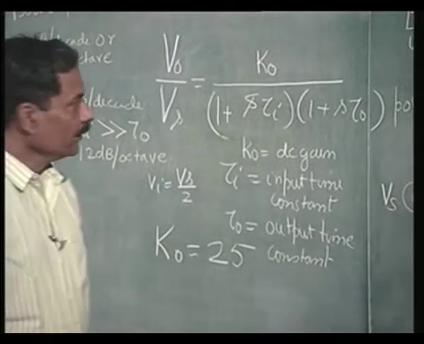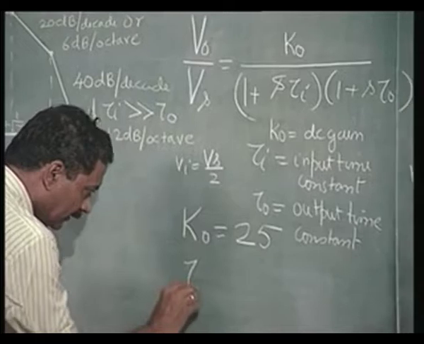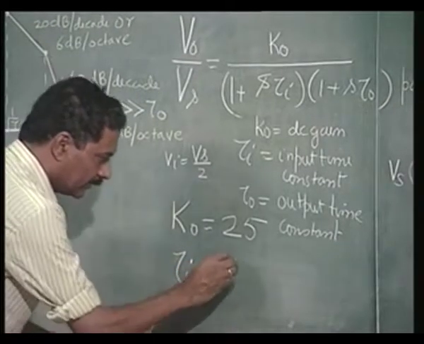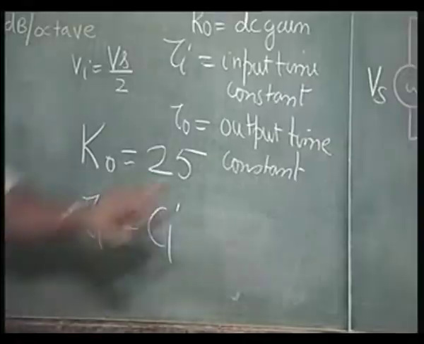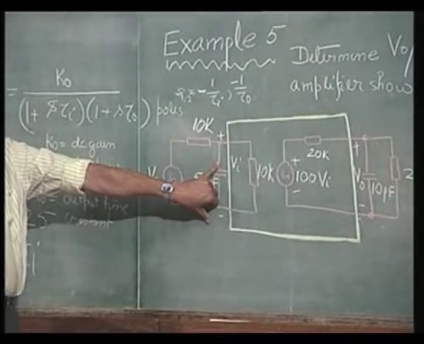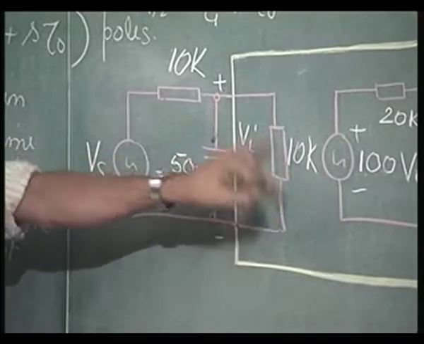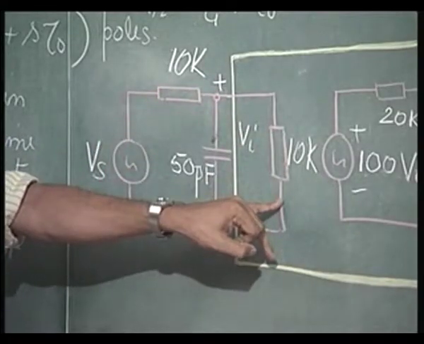Next, what is tau I? I have told you tau I is equal to Ci, this capacitor, into the effective resistance across it. You short the source, and 10k parallel 10k is 5k.